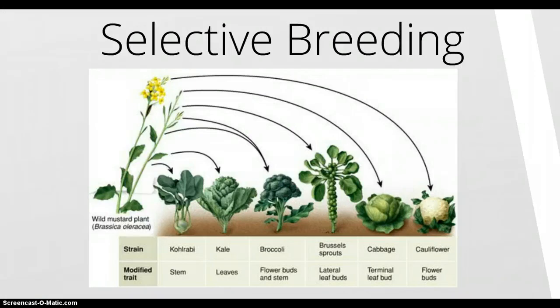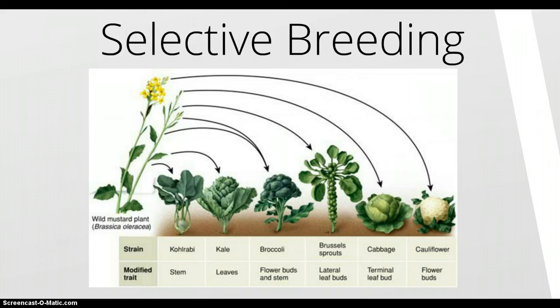Selective breeding is where you choose to plant seeds from plants that have the desirable characteristics that you want. So you can see that the wild mustard plant has been selectively bred to create all of these different plants like kale and broccoli and cabbage.